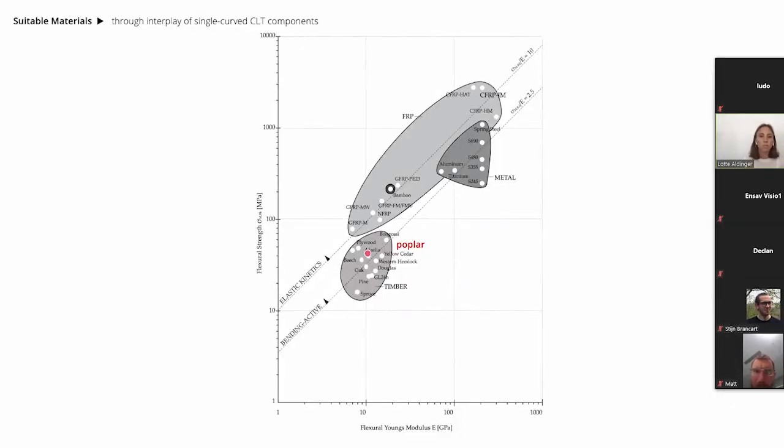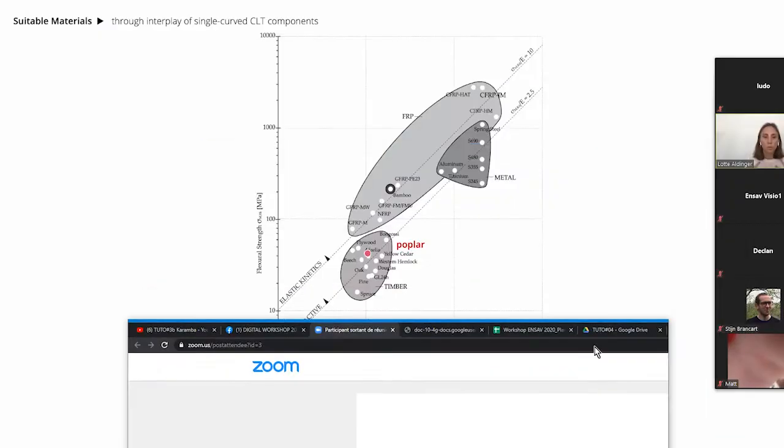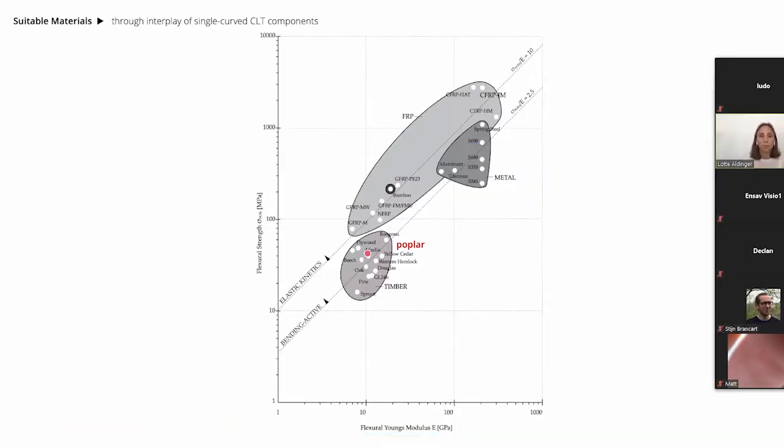So talking also about materiality, because it seems to be also important for this workshop, not all materials are appropriate for bending active structures, and basically every material with the right ratio of low stiffness to high strength of 2.5 is suitable. So the popper you're planning to use fits perfectly in. And basically the idea of bending active is to use this ability of high deformation to program the shape of our structure.